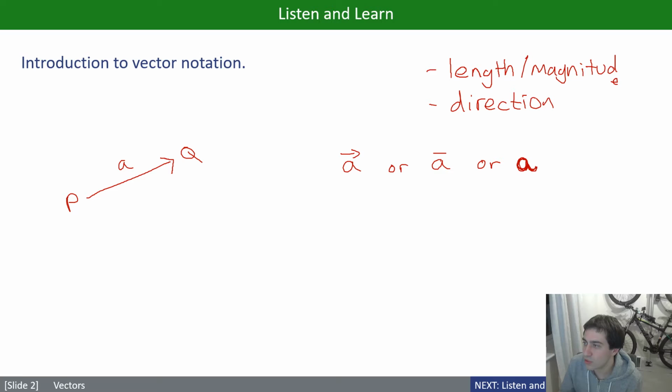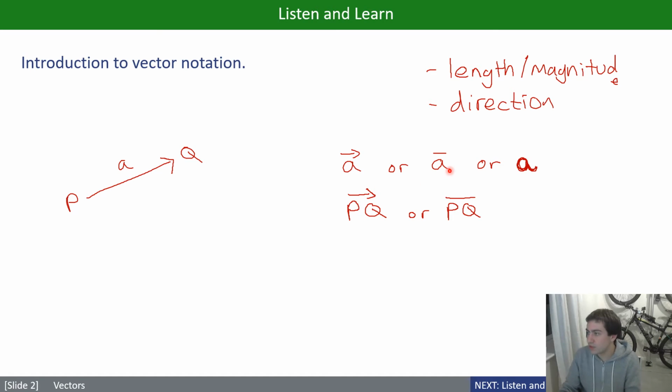In this case we refer to the vector simply as capital P, capital Q, again with an arrow on top, and sometimes you might see this. It's probably acceptable, but I tend not to see it too much, so I would mainly just stick with this.